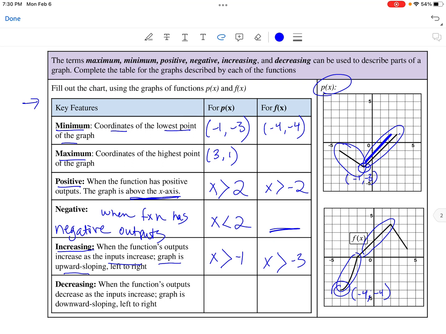Decreasing would be the parts where it's going down, negative slope. So for this one, it would be x is greater than -4.